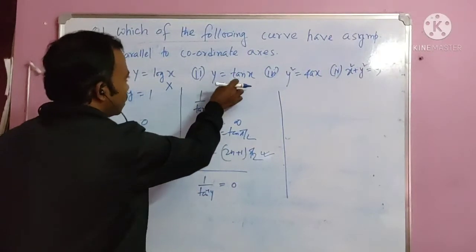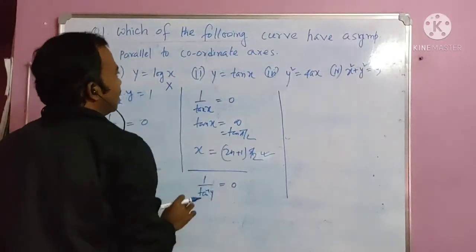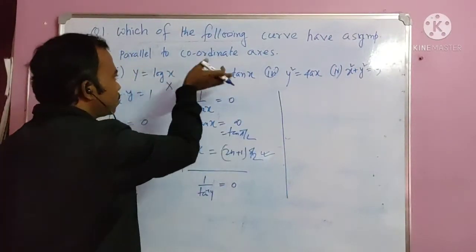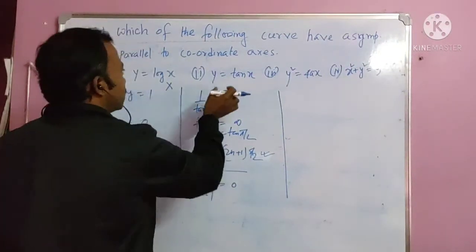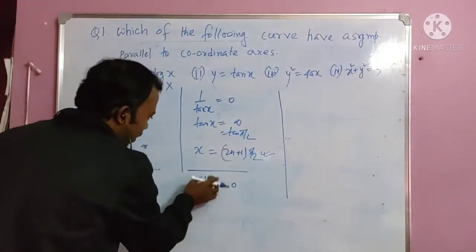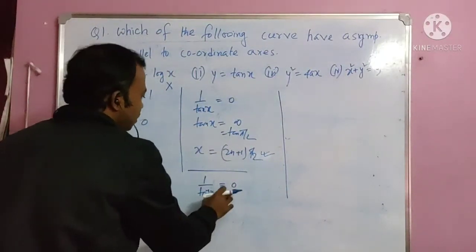What I am doing is taking the inverse of tan in this, and then dividing by tan inverse y and taking it to the right side. Therefore 1 by tan inverse y becomes the coefficient of x, and now we are making 1 by tan inverse y, that means coefficient of x, equals 0.